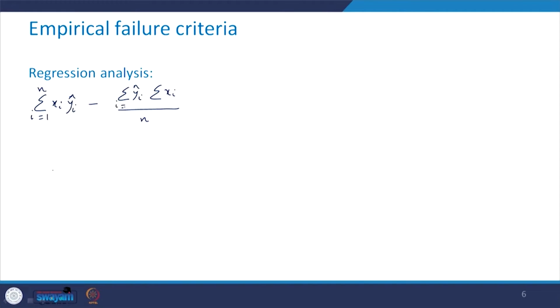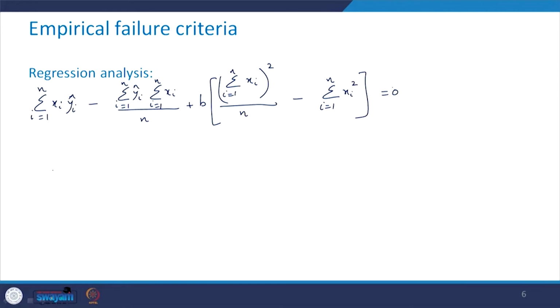So this is again i equal to 1 to n, here also i equal to 1 to n, plus you have b and the bracket, summation i equal to 1 to n xi whole square divided by n, minus summation i equal to 1 to n xi square equal to 0.